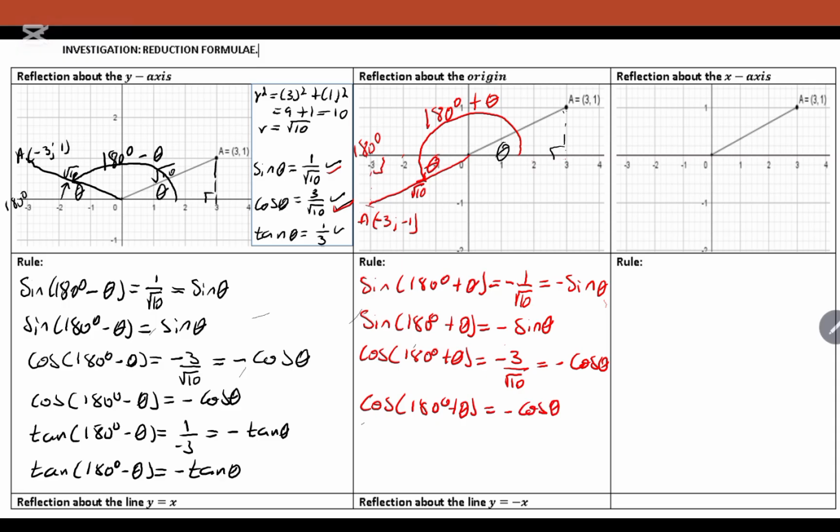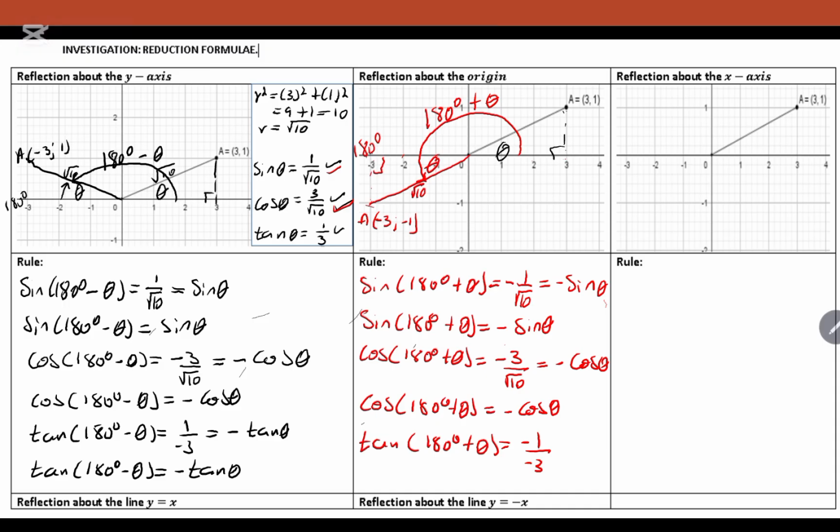The last one, we're going to look at the reduction of the tangent. Tan of 180 degrees plus theta is equal to opposite over adjacent, that is negative 1 over negative 3. So that is positive 1 over 3.